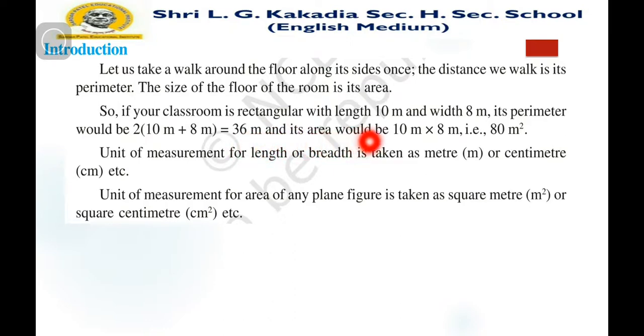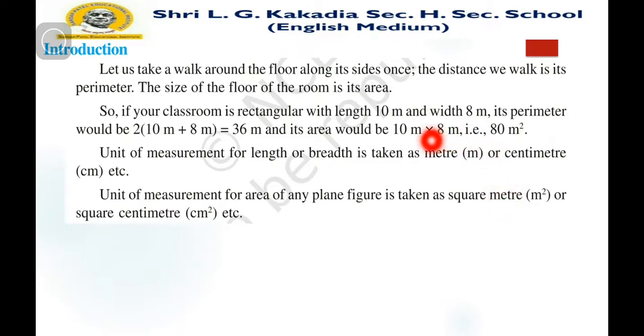And its area, as we know, is L into B, that means 10 meter into 8 meter, which is equal to 80 meter square. The unit of measurement for length or breadth is taken as meter or centimeter, etc., and the unit of measurement of area of any plane figure is taken as square meter.